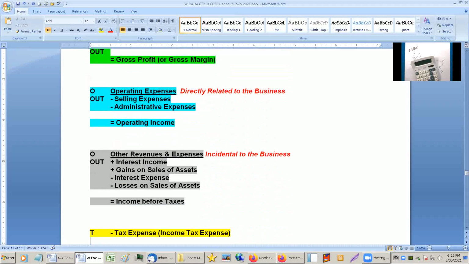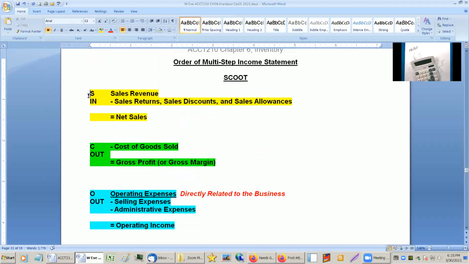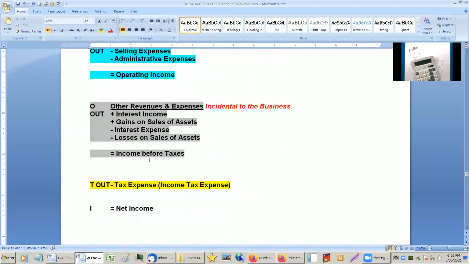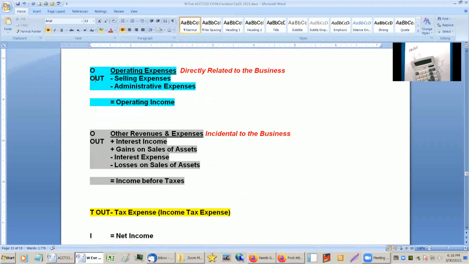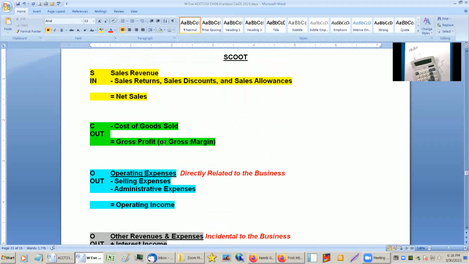So it really is exactly the same as we did before, except that we're splitting it up into different categories. So sales came in, costs, expenses went out, same exact thing. Just putting them in different layers to kind of group those things together that are similar.